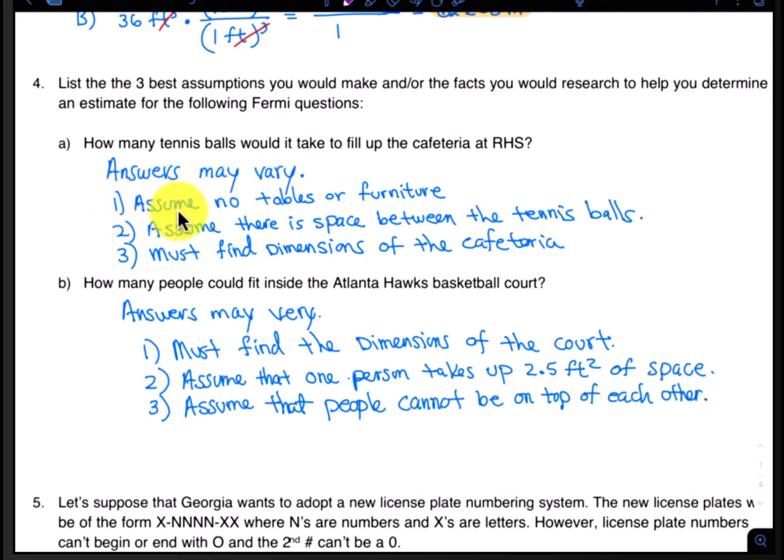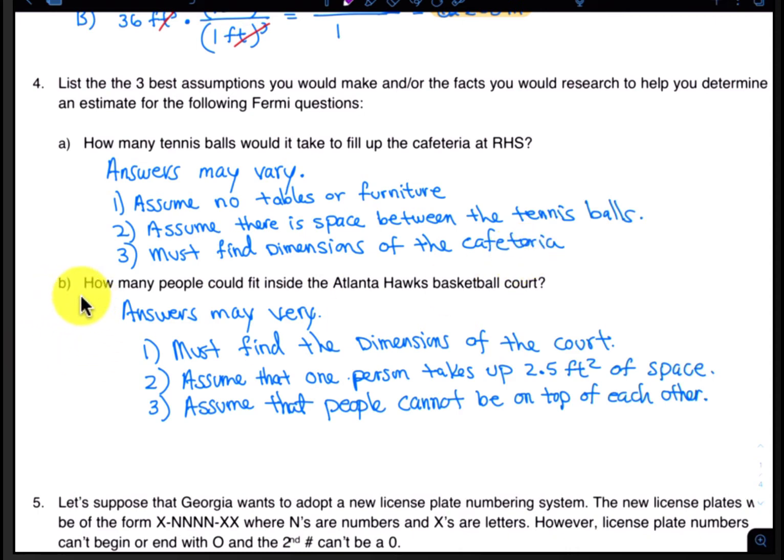For number 1, I wrote that we could assume that no tables or furniture would be in the cafeteria. Number 2, I said that we could assume that there is space between the tennis balls, which there would be. And number 3, something that we must find out: we must find the dimensions of the cafeteria.